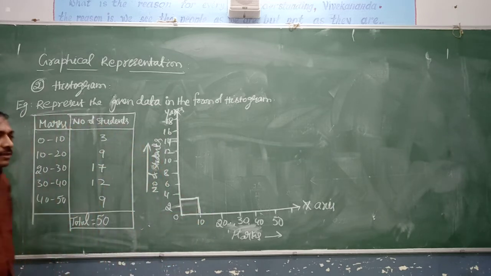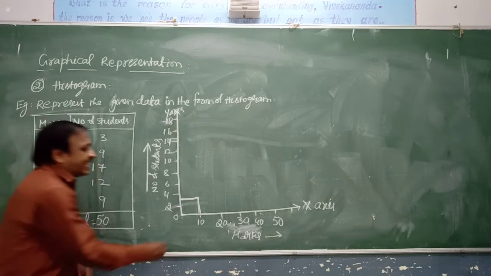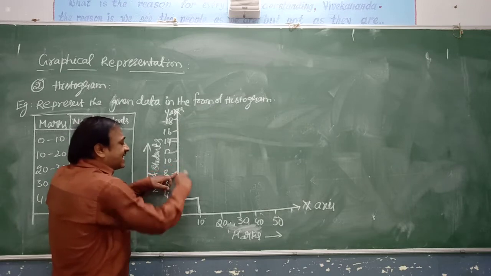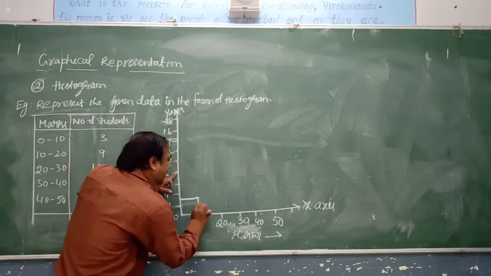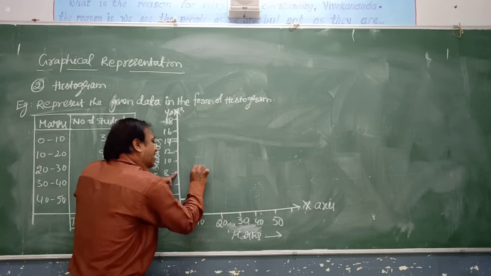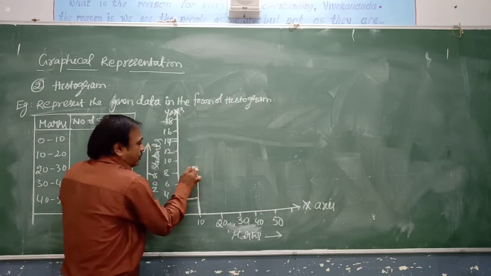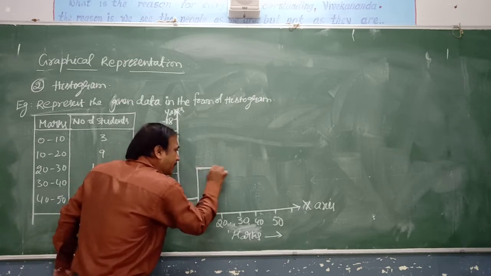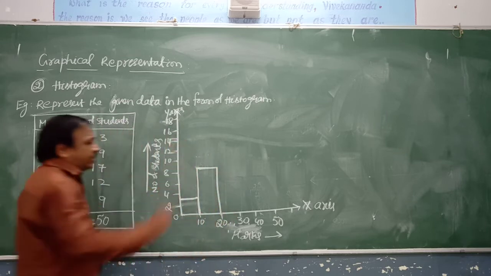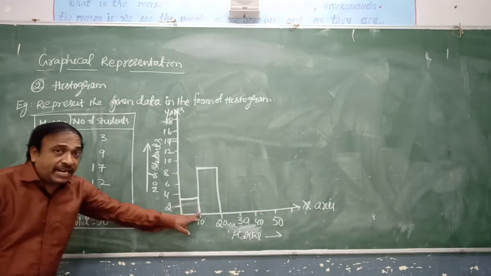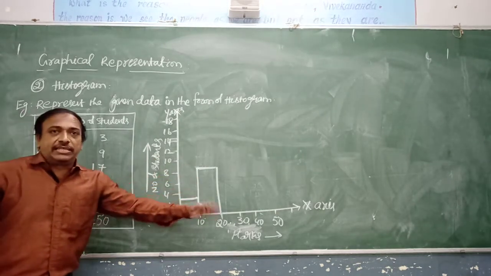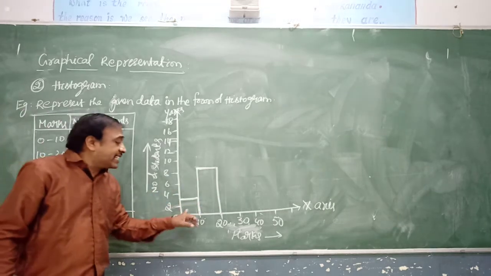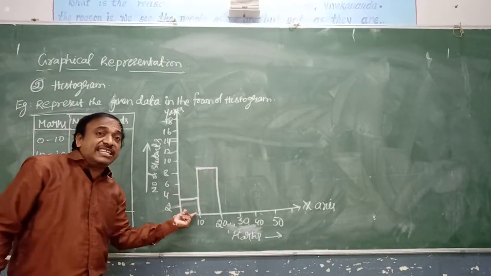Next, 10 to 20, 9 students. 9 lies between 8 and 10. Use scale and pencil while representing this data. You see, there is no gap between the bars and they have uniform width. The width of the bars is the same.